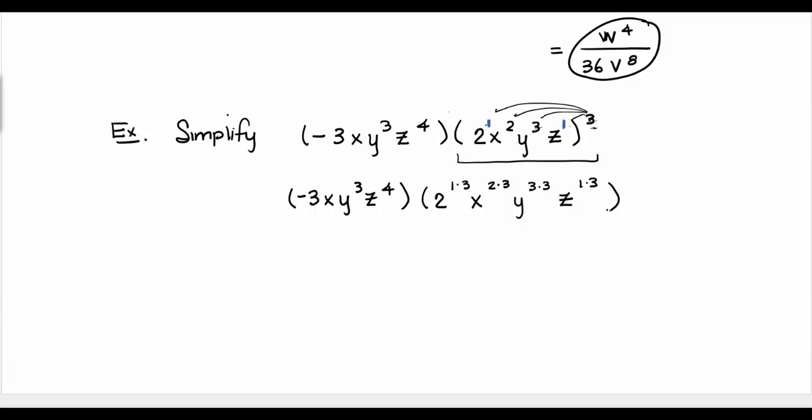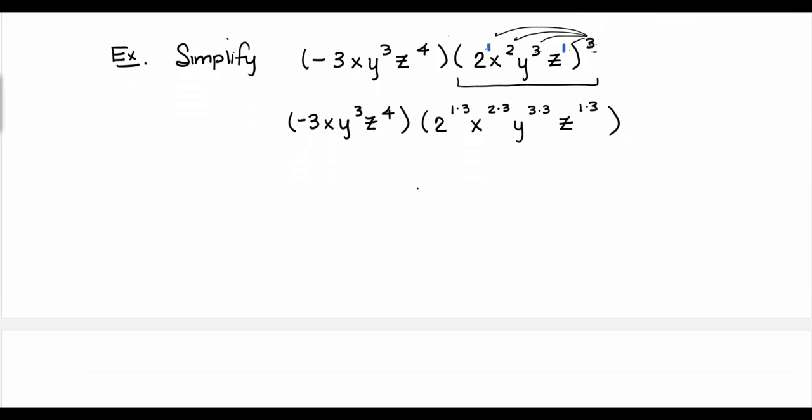I know it's a little bit cumbersome, but we'll simplify this out quickly. So I still have negative 3xy cubed z to the 4th. And I think it's good to write down things even if you haven't changed them, so you're not just changing the problem in between. So now I have 2 to the 3rd, x to the 6th, y to the 9th, z cubed.